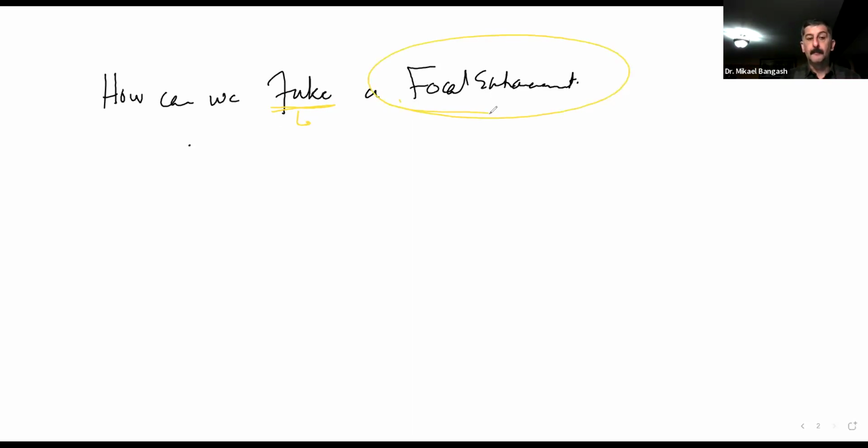Because doing the step opposite to faking the focal enhancement can actually be a way by which you may get rid of the focal enhancement. So the step opposite of faking it is the step to get rid of it.